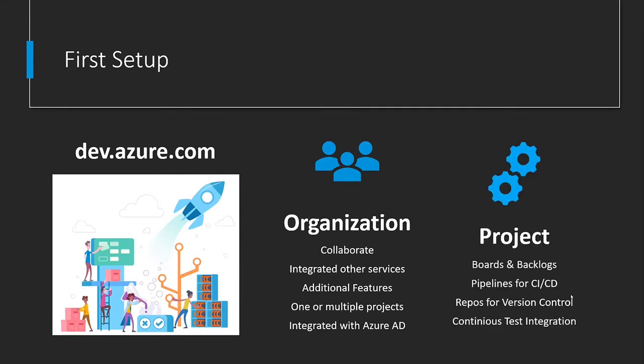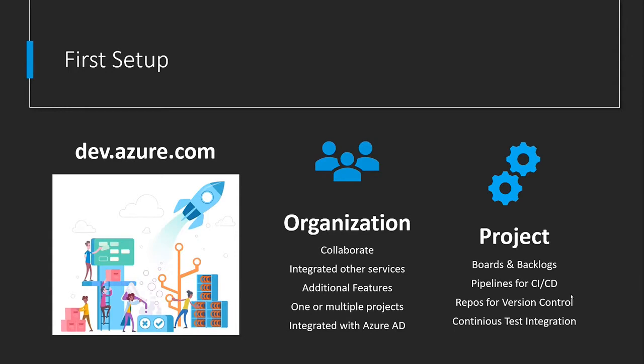Once you've created your organization, you need to define your projects. A project in Azure DevOps contains the following set of features. It contains boards and backlogs for agile planning. It contains pipelines for continuous integration and deployment.